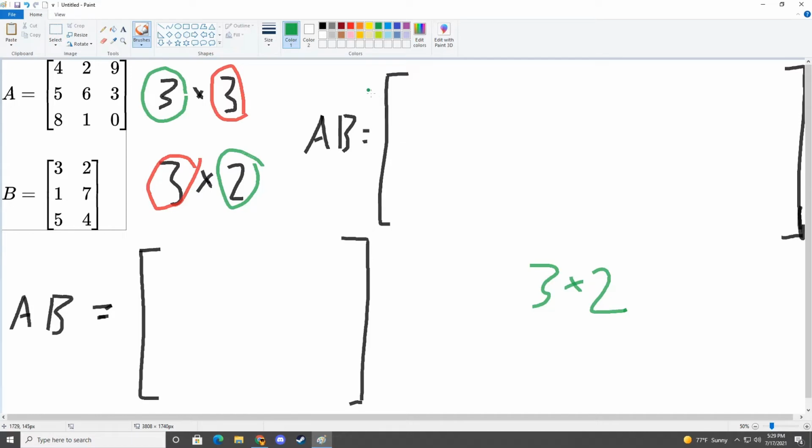So now let's start the multiplication. In order to multiply, we're going to take the rows of matrix A and multiply them by the columns of matrix B. To do that, we'll take row A, 4, 2, 9, and just write that out: 4, 2, 9.